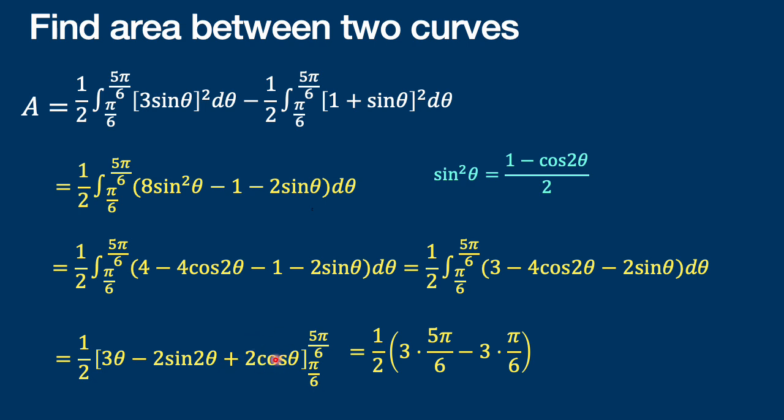Same thing with the other term. So you have 3 times 5 pi over 6 minus 3 times pi over 6, which simplifies to 5 pi over 2 minus pi over 2. That is 4 pi over 2, which is 2 pi. 2 pi times 1/2 is pi.